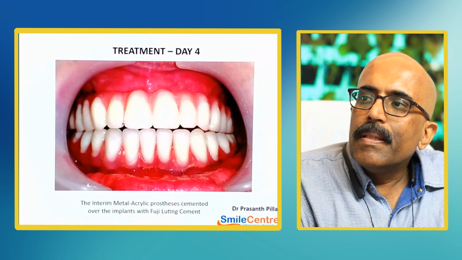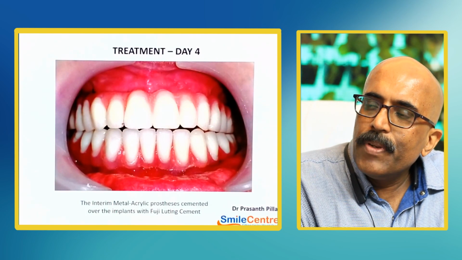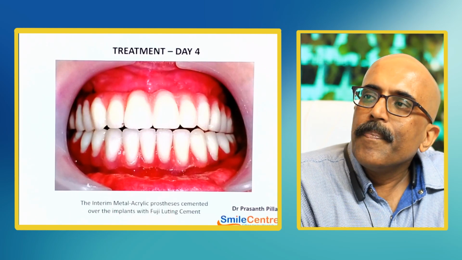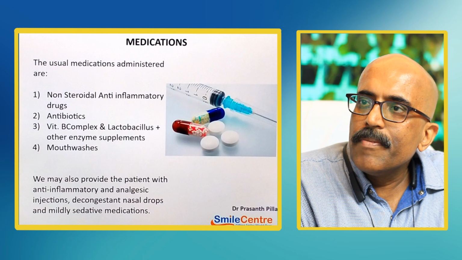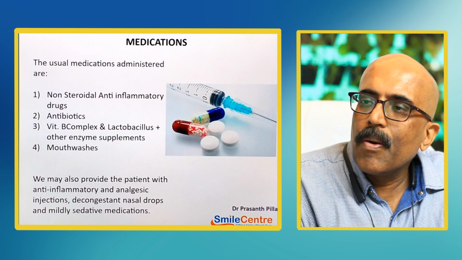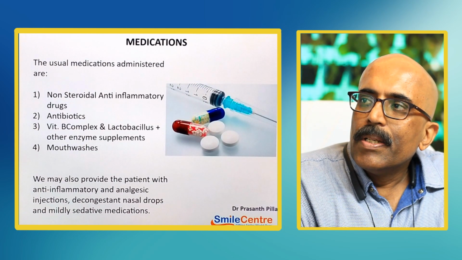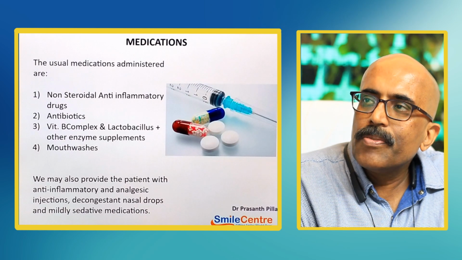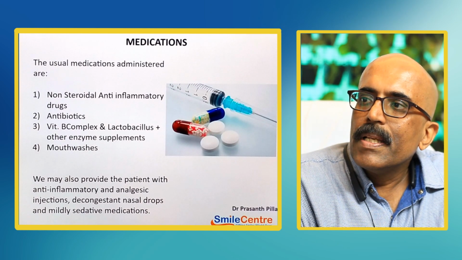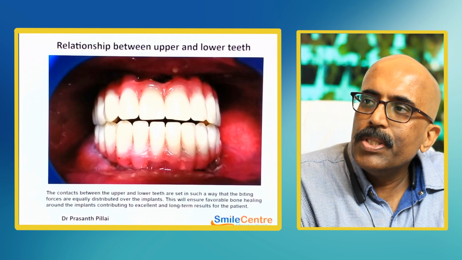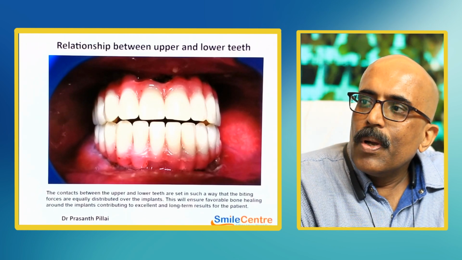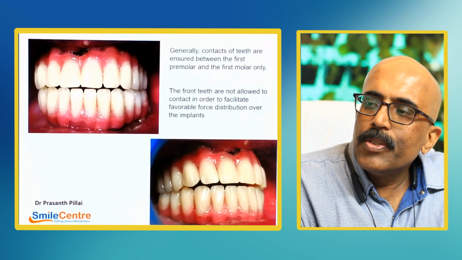So in this particular patient we could complete this within 4 days. And we provide non-steroidal anti-inflammatory drugs, antibiotics, B-complex and mouthwashes to ensure that the patient recovers from the procedures pretty fast. And this is how the patient looks after the procedure. So there are a lot of parameters which we look for.